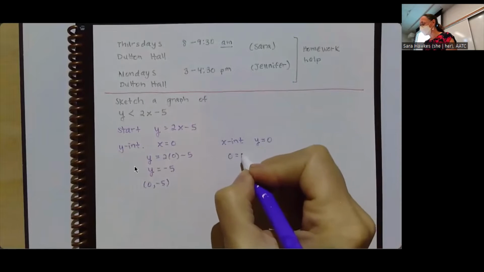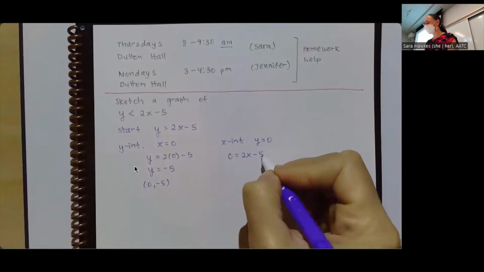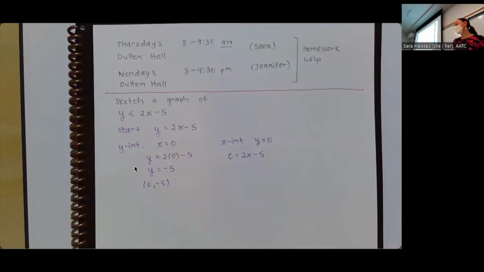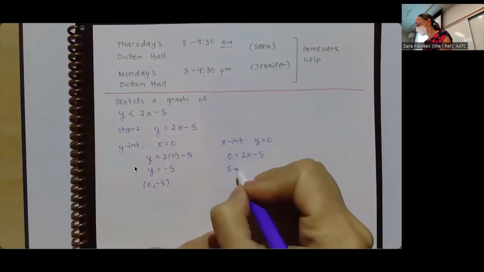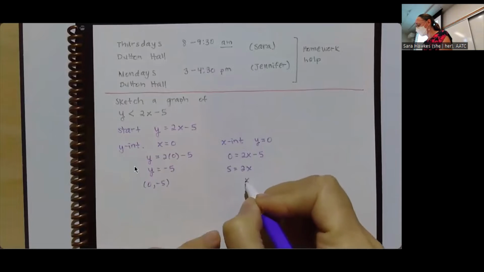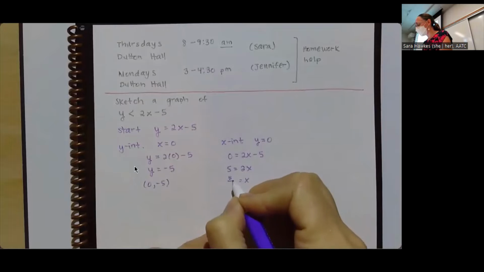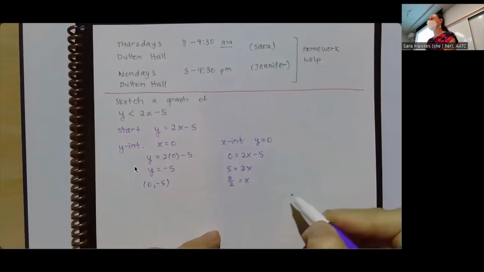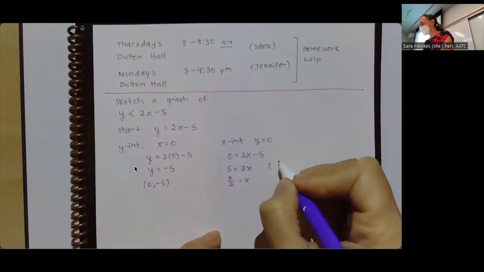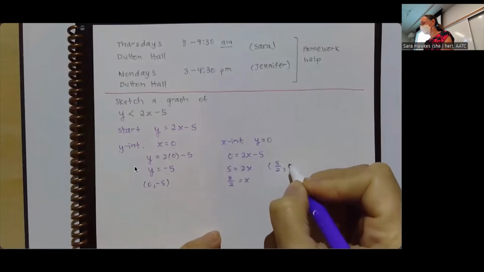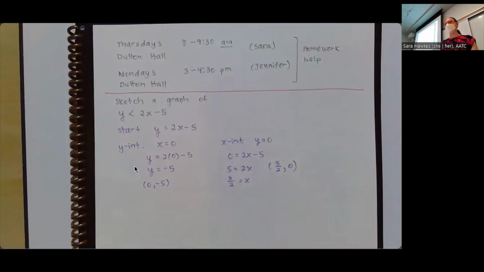So if I've got 0 is equal to 2x minus 5, and I'm trying to get that x by itself, I'm going to choose to add 5 to both sides and get an x value of 5 halves. So that means the coordinate is 5 halves, 0.